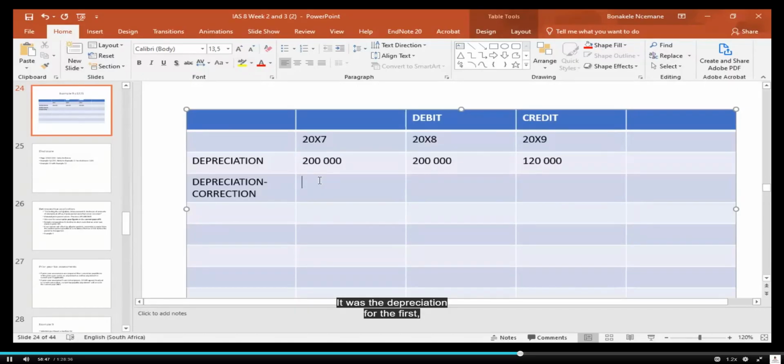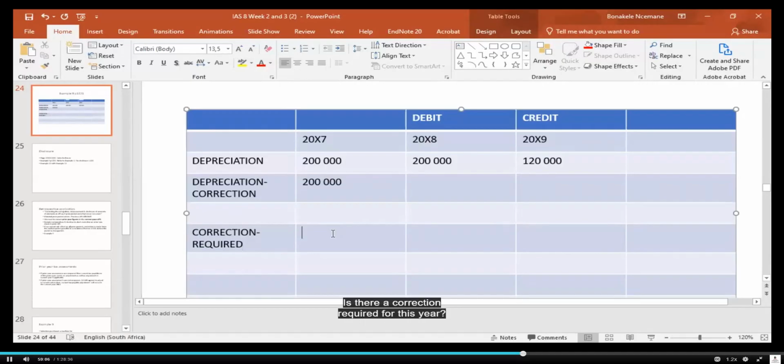So the depreciation for the first year was 200,000. So is there a correction required for this year, 20X7? No, there isn't. We all agree. But now in 20X8, what would have been the correct depreciation? 160,000.